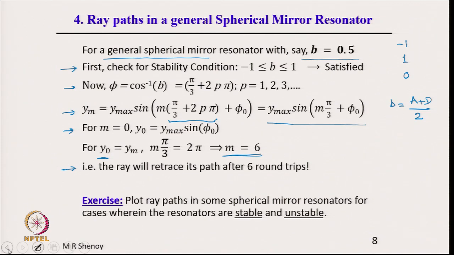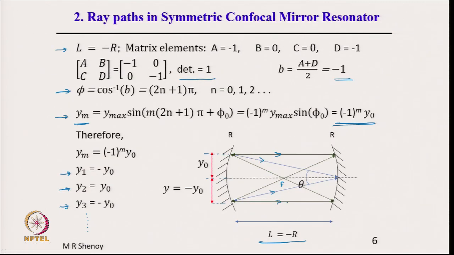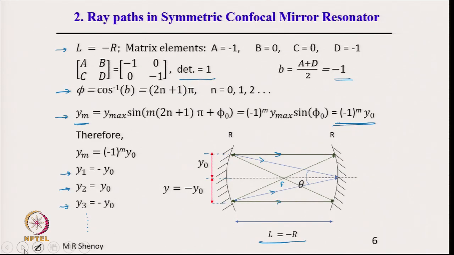Remember, we have taken examples in which the ray would come back after every round trip, the ray would come back after 2 round trips, and there are some other examples where the ray would come back after 4 round trips.